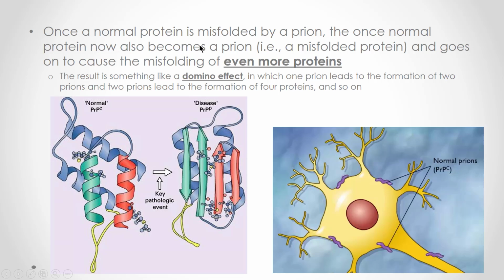And that's the idea of the domino effect. So the disease is often slow in the beginning and progresses quickly towards the end. As more and more proteins begin misfolding, the effect becomes more and more pronounced because each new misfolded protein will go on to cause misfolding in other proteins.